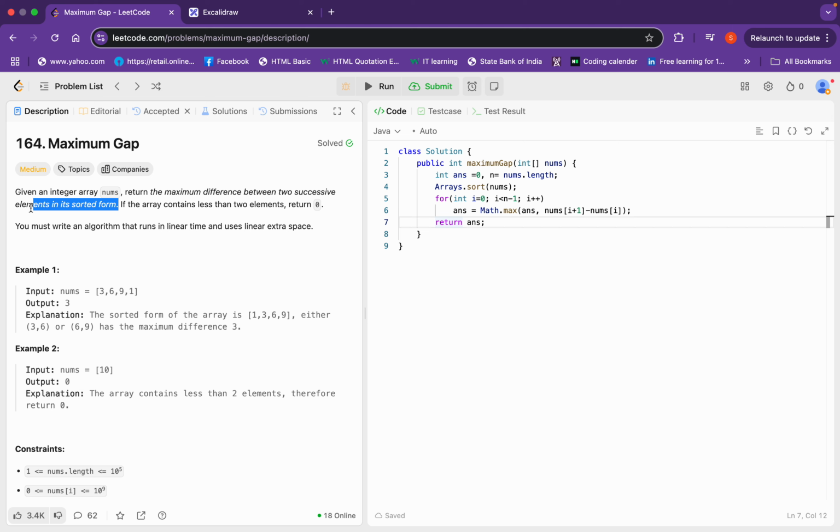So to make this in sorted form, we sort the array, and then to get the maximum difference between two successive elements, we traverse from 0th index to length minus 1 index, and track the maximum difference in an answer variable, iteratively updating it if answer is less than nums[i+1] minus nums[i], then update the answer variable. So this is a pretty easy solution.